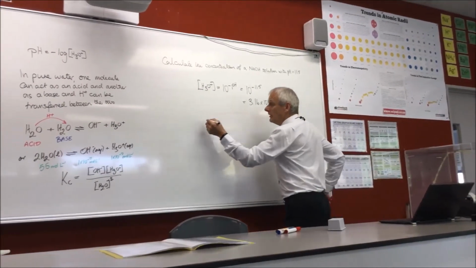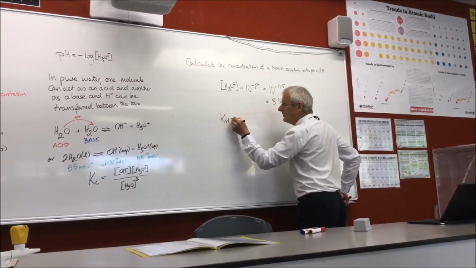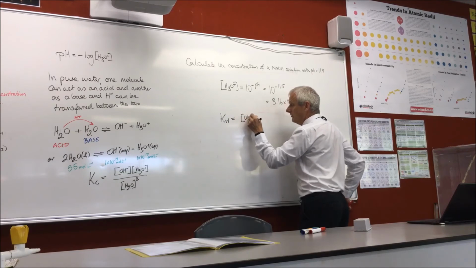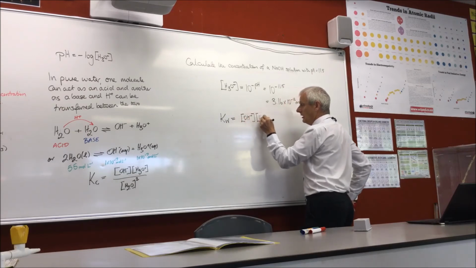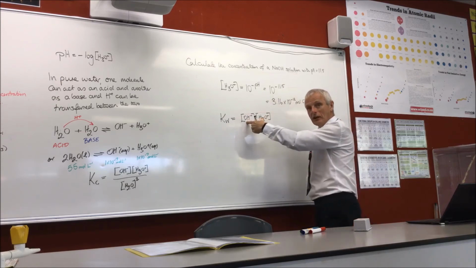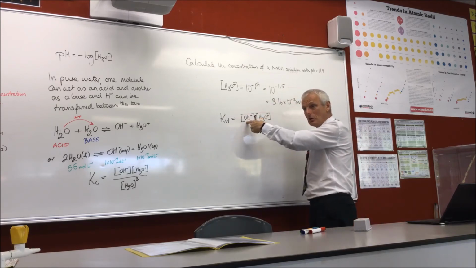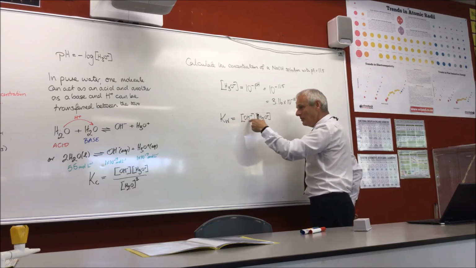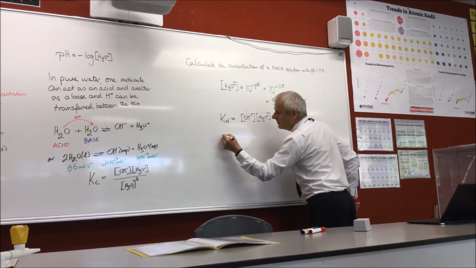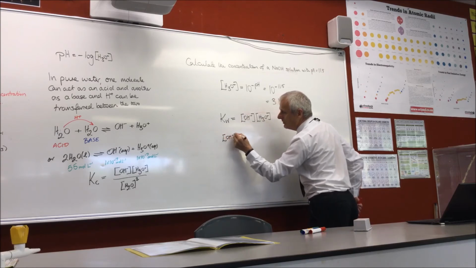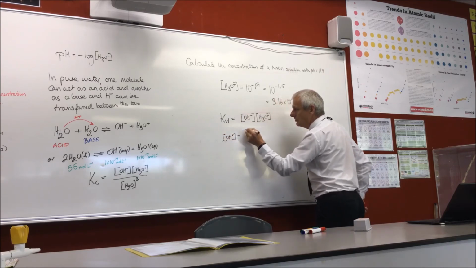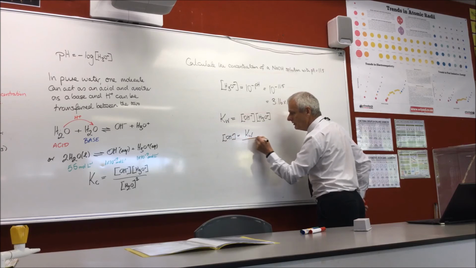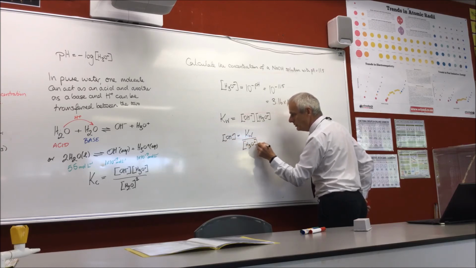Okay, so the next thing is Kw is equal to the concentration of OH minus times H3O plus. Okay, we want this now. We know that. We know that. This needs to be the subject of our equation. So the concentration of OH minus is equal to Kw divided by the concentration of H3O plus.